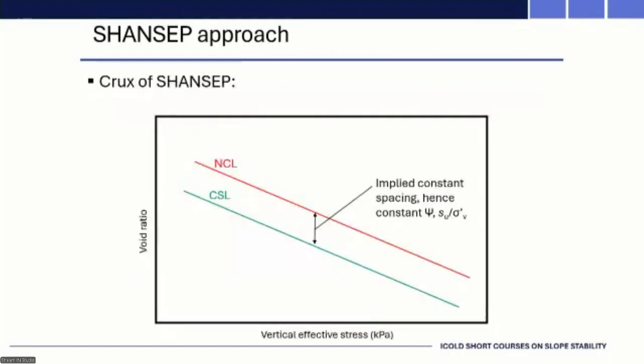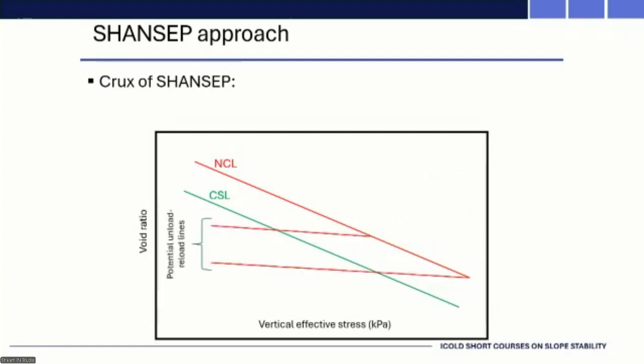So the crux of the approach is that your critical state line, the lower one, and your normal consolidation line, isotropic or 1D, stay a constant distance apart. They offset by that arrowed vertical line shown there. And when you unload from the normal consolidation line, you get that very stiff response, very small change in void ratio.